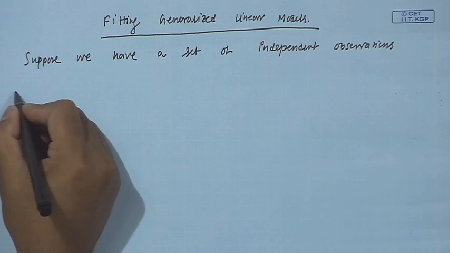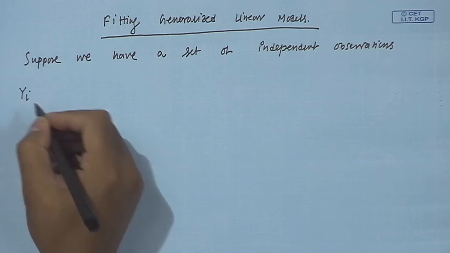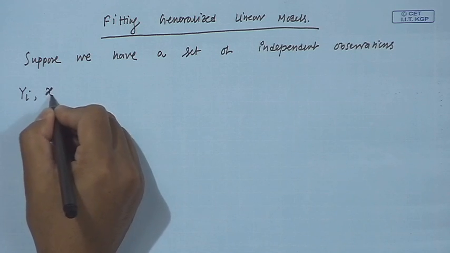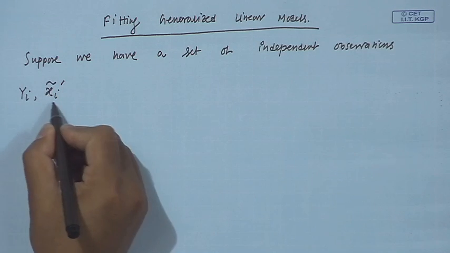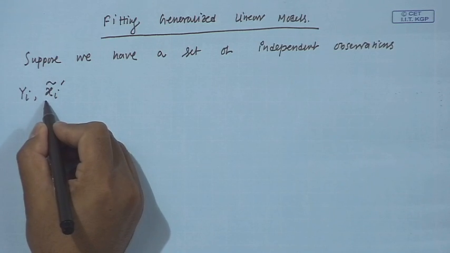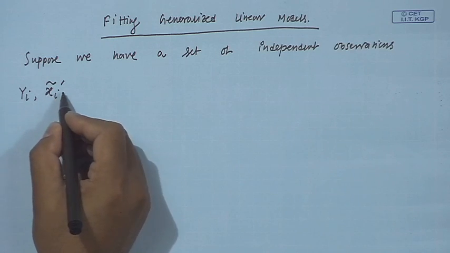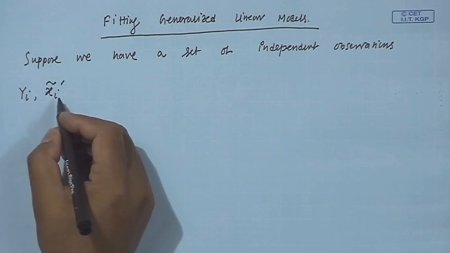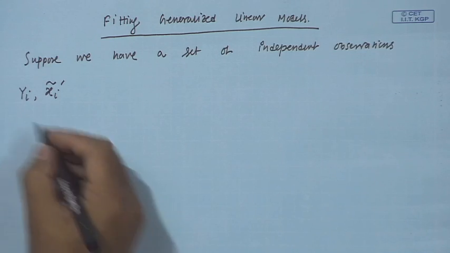The observations are y i, this is the response variable, and x i prime. So, this is a vector and suppose it has p components associated with p regressor variables.